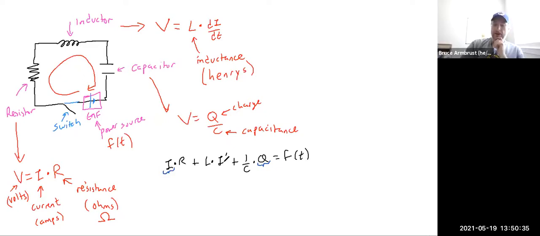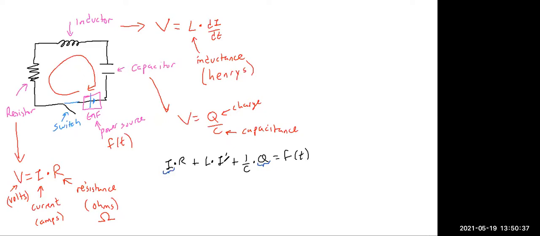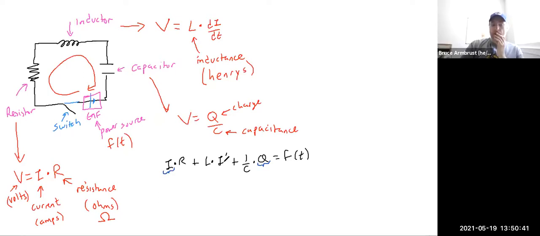Current is the change in the charge. It's the movement of the charge. So it turns out that I is actually Q prime, dq/dt. When we measure current, we're looking at the change in charge with respect to time.